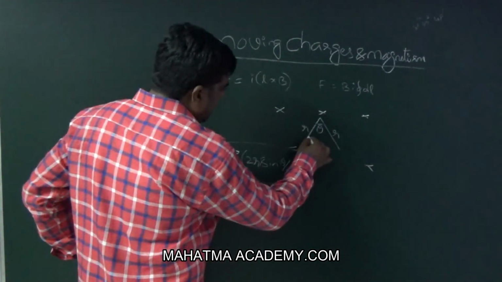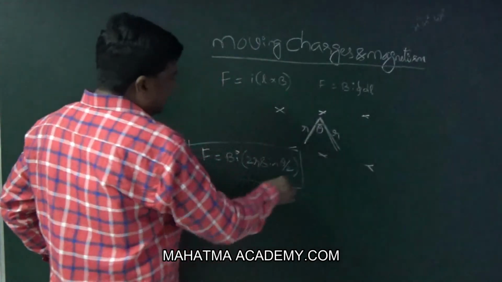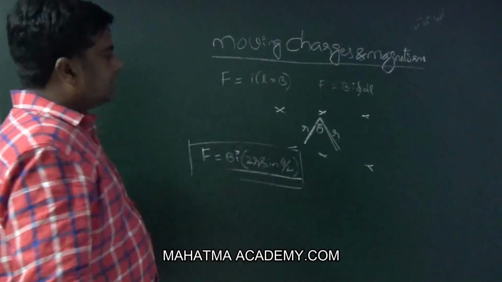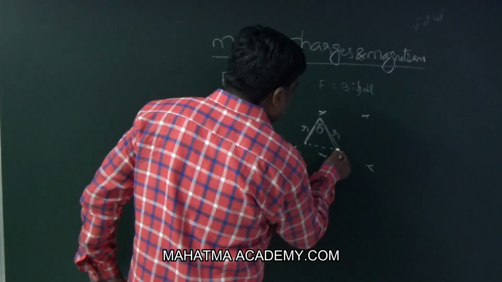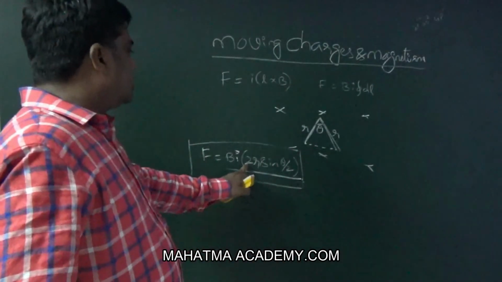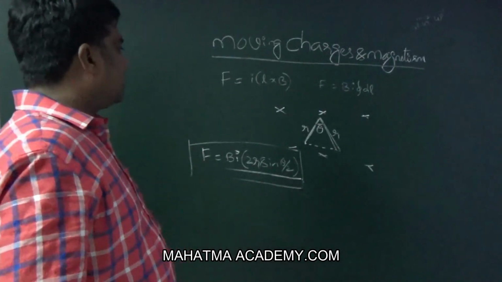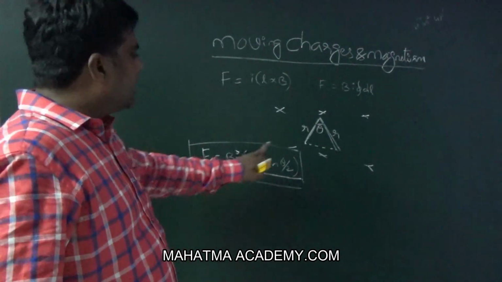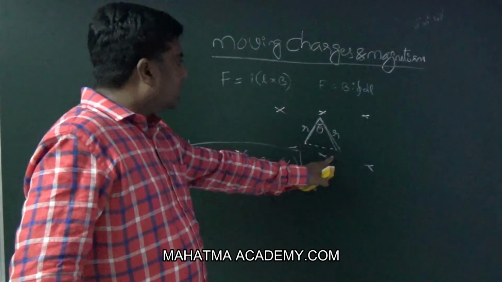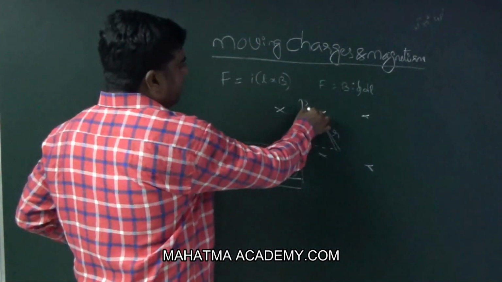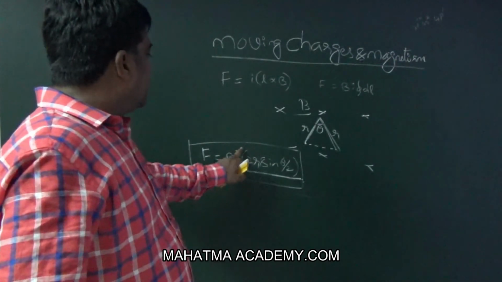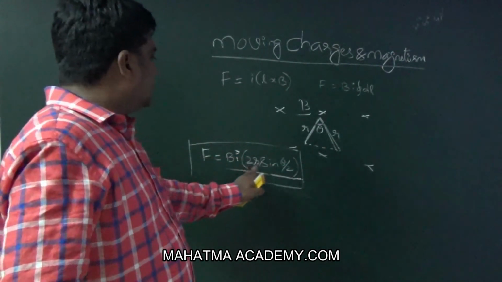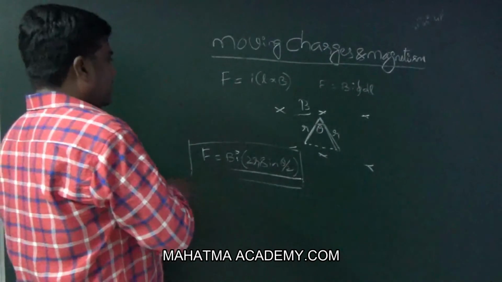Integration from this point to this point gives the length of the conductor, and we find this length to be 2R sin theta by 2. So the total force experienced by this type of conductor kept in the external magnetic field is F equals B I times the length, 2R sin theta by 2.